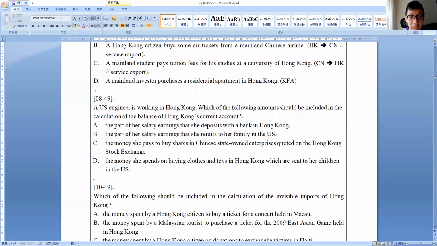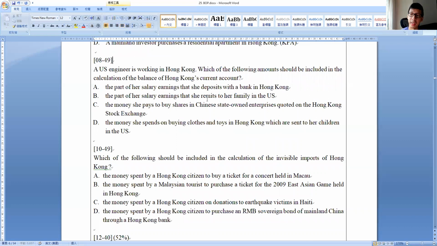So now what about the next question? Actually, this is a very bad question. This is a problematic question. There should be no answer for one simple fact. A US engineer is working in Hong Kong. Then, is she Hong Kong or US? 咁佢係香港定係美國啊？Actually, we don't know.